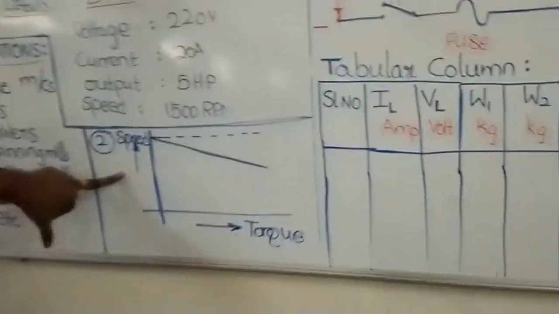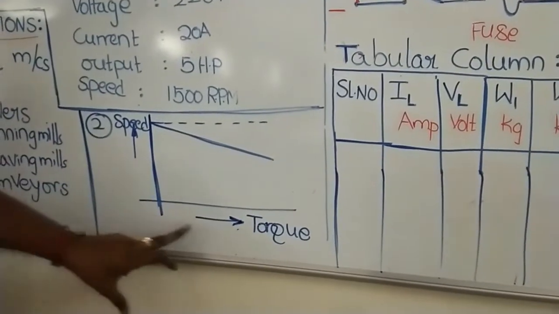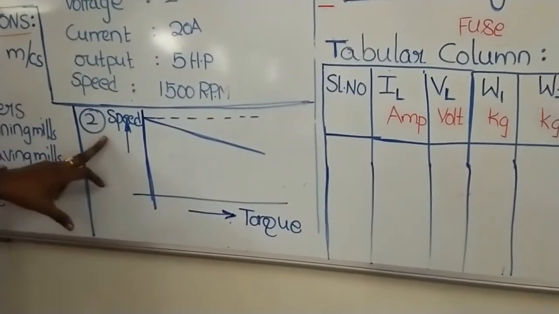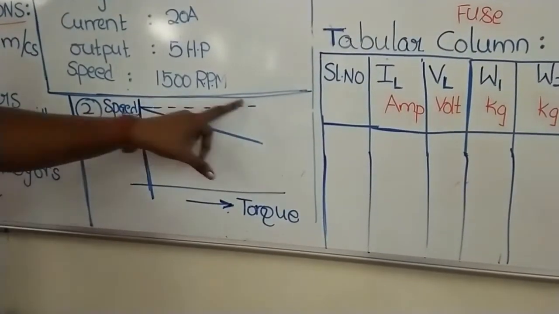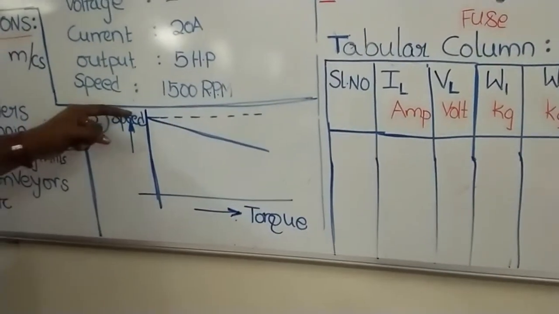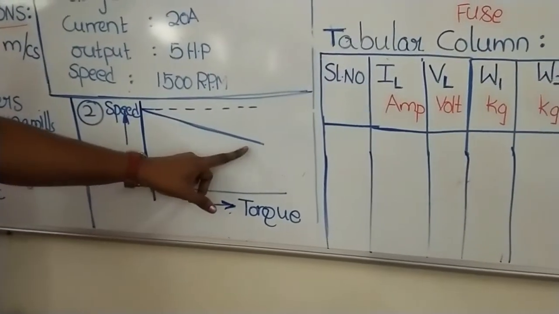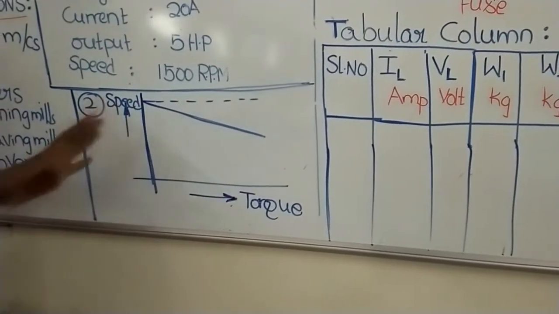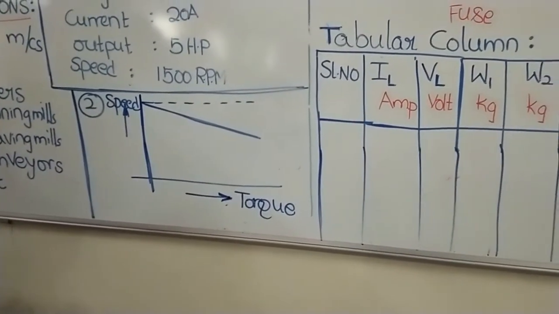Coming to the next graph, these characteristics are drawn between torque versus speed. On the x-axis we are considering torque, on the y-axis we are taking the speed. The rated speed is 1500 RPM, mentioned with a dotted line, and as the torque increases, the speed gradually decreases. These performance characteristics are obtained after performing the DC brake test on the DC motor.